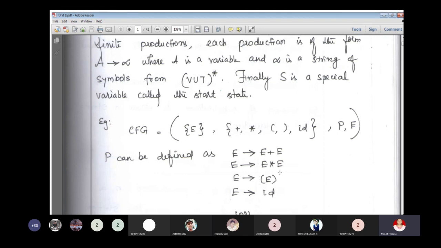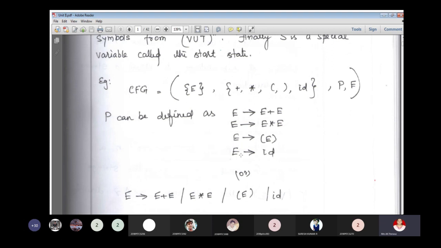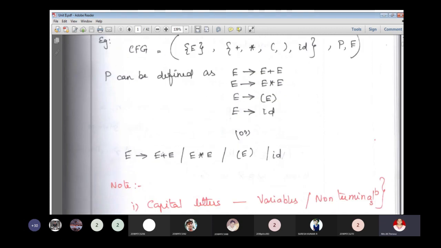So this is a recursive procedure which represents the context-free language, which can represent any expression with plus and star symbols. Or else we can write these production rules with the or operator, like E tends to E plus E or E star E or open bracket E close bracket or ID.